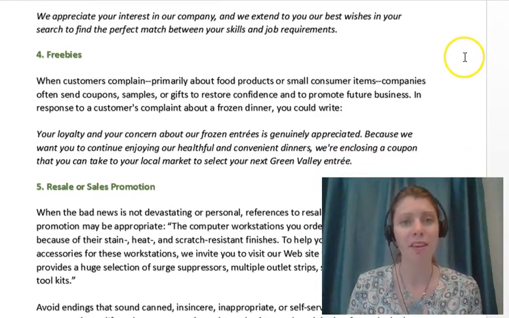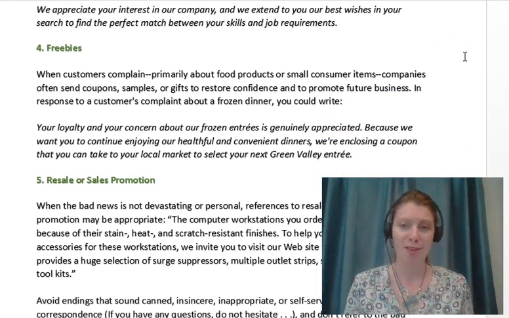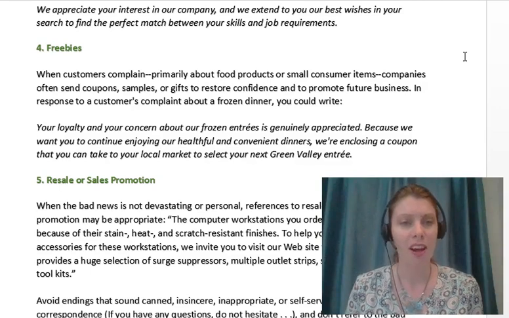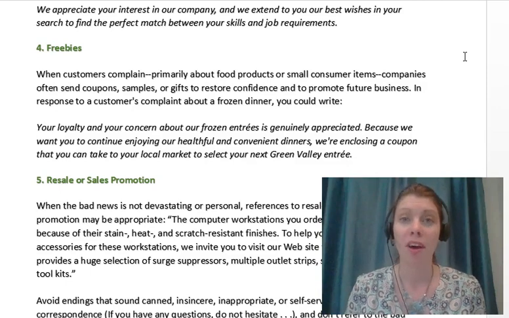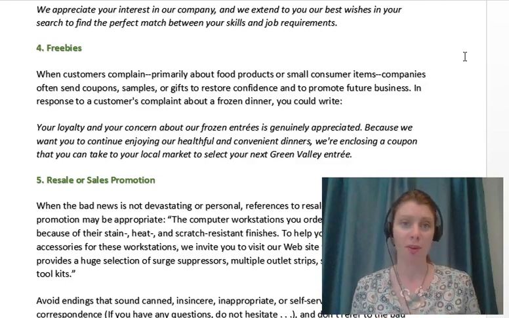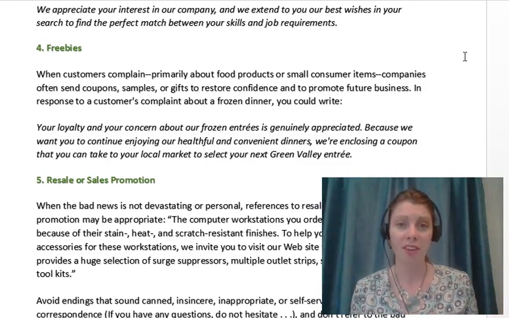All right, freebies, which is slang for something free. When customers complain, primarily about a food product or small consumer items, companies will often send them coupons or samples of something else, maybe even a gift. And this can restore confidence and promote future business.